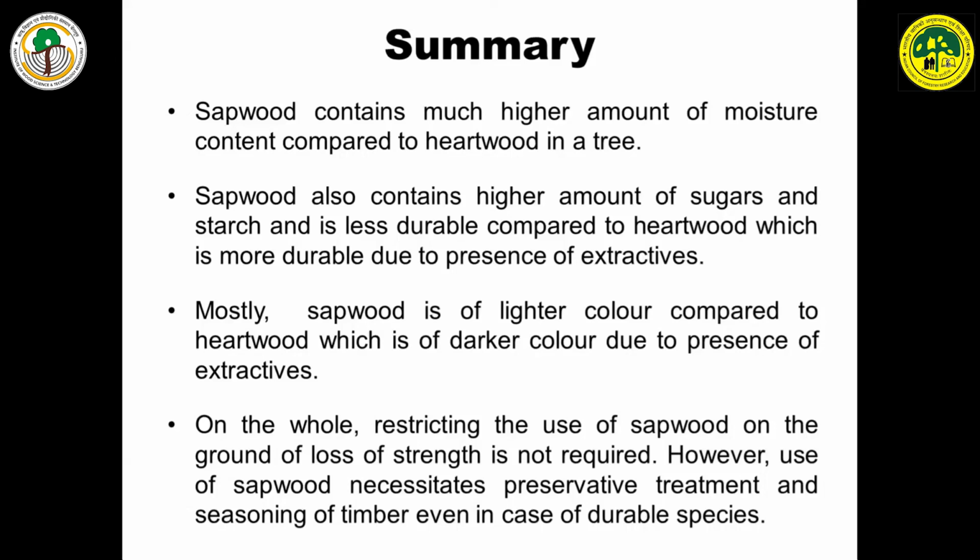But the amount of moisture present in the sapwood is higher compared to heartwood. And sapwood also contains a higher amount of sugars and starch, and therefore it is less durable compared to heartwood, which is more durable because of the presence of the extractives in it. And sapwood is lighter in color compared to heartwood, because extractives are present in the heartwood.